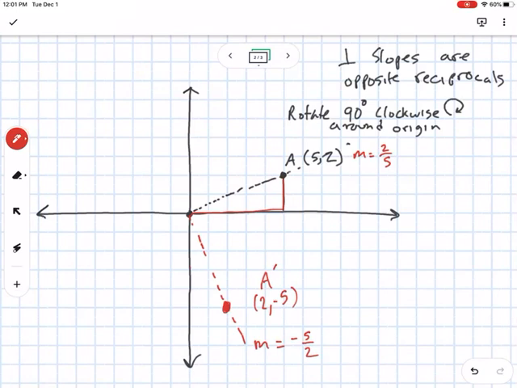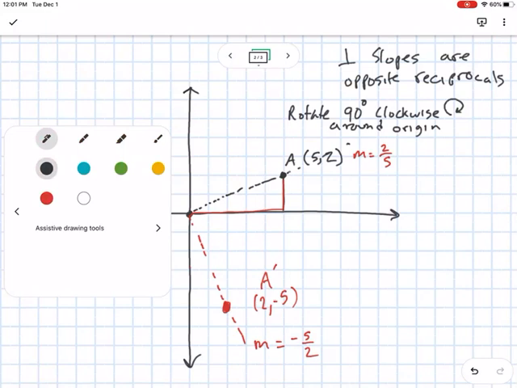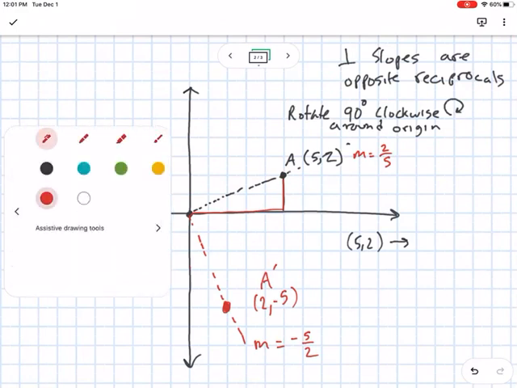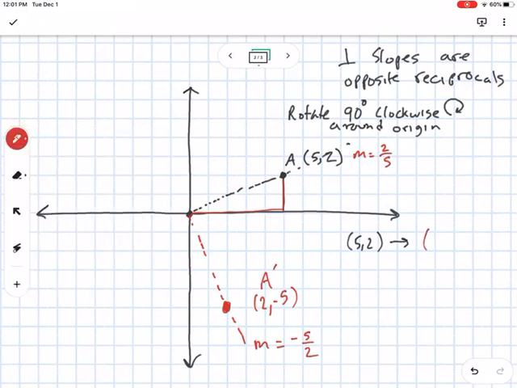So that's how we rotated it 90 degrees. Now the one thing I want you to notice is if we compare 5, 2, which became 2, -5, a little trick is that what really happened was the x's and the y's flipped positions, and one of them became the opposite.